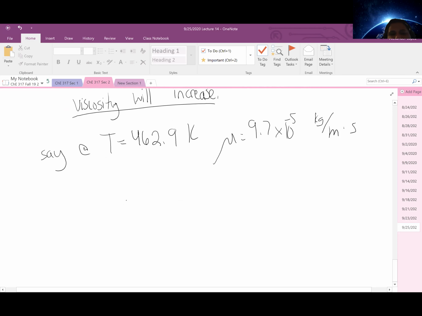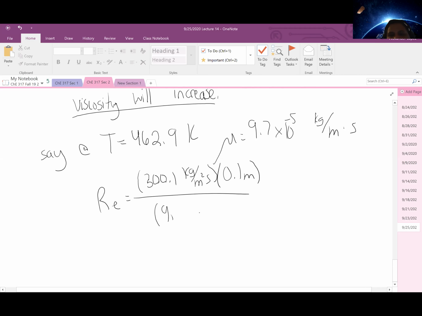My new Reynolds number would be my mass flux times my diameter, 0.1 meters, over my new viscosity, which should be about 314,000.